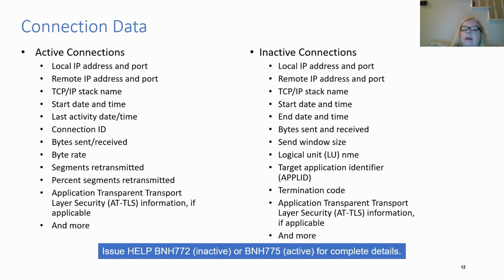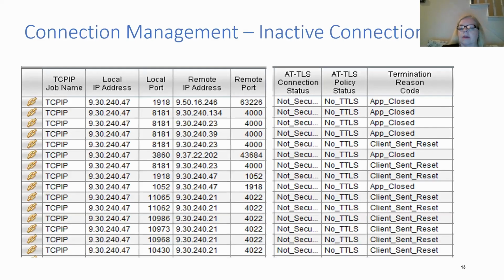And the main thing for inactive connections is the termination code. So if we look here, over on the far right, it shows you the reason that the connection ended. And this is very useful information if there's a problem. It might give you a clue of what happened there.